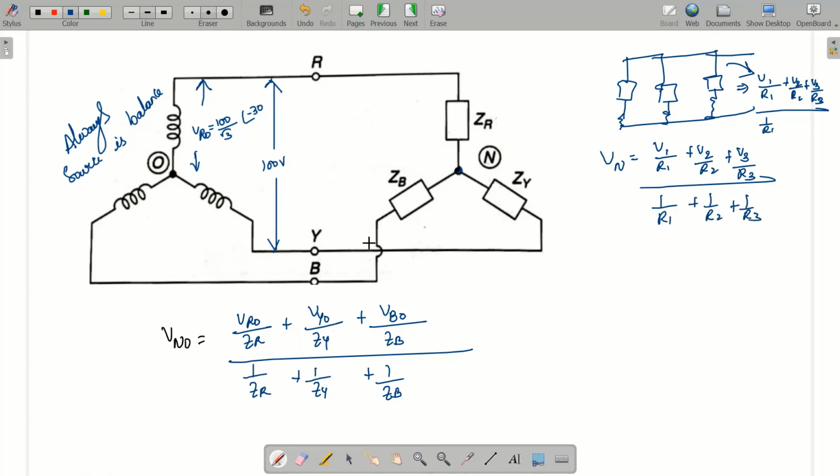Similarly, here also we can find the value of VNO.